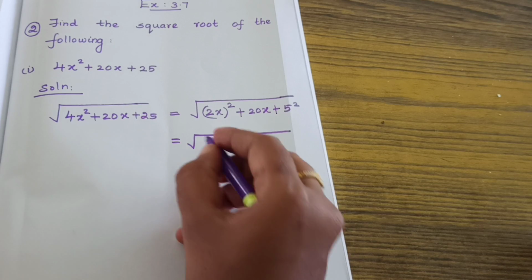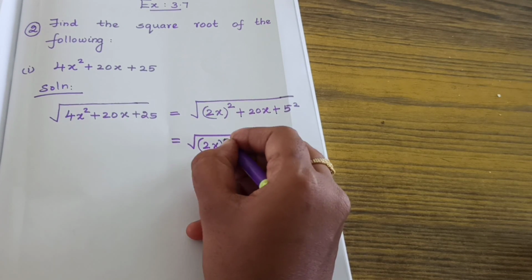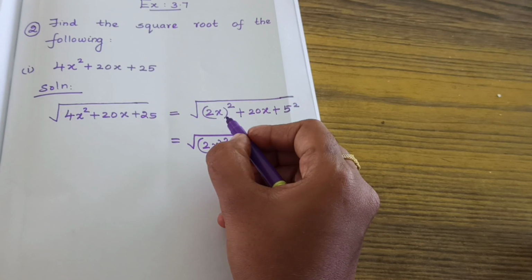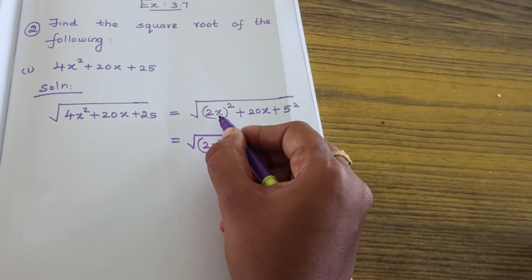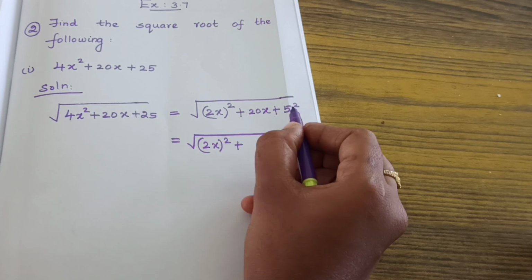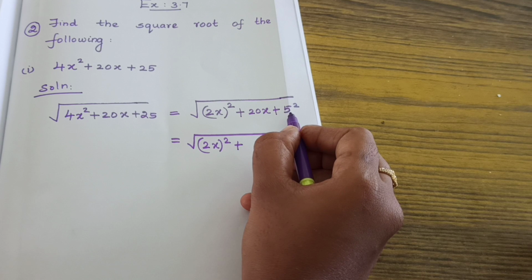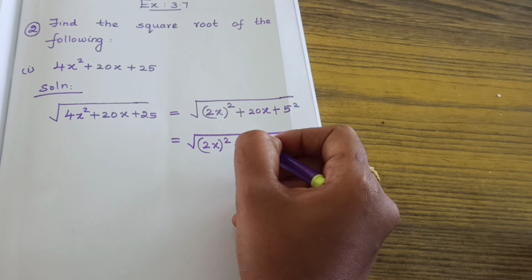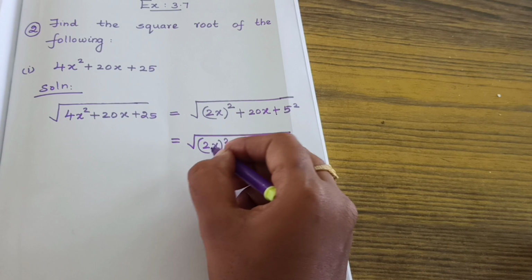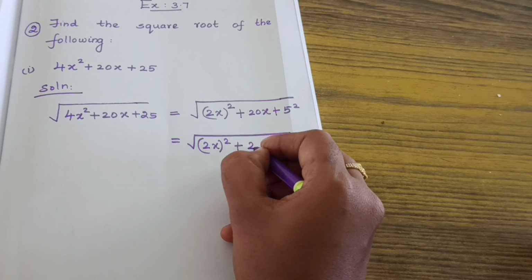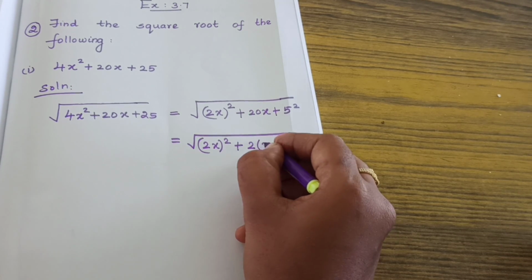We can check now. So 2x the whole square plus, in the place of a here, 2x. In the place of b, 5 is present. So we can rewrite according to the formula. So a square plus 2ab plus b square, what is a here? 2x.